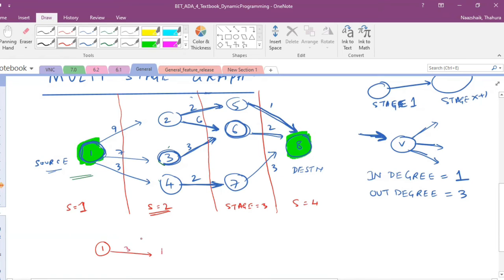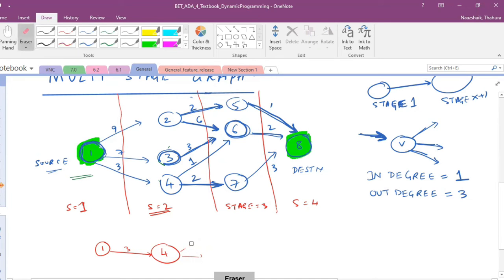I took 3 and I went to 4. Now from 4, you have two options. You can either go to 6 or go to 7. Unless you calculate how much cost it will take, you don't know. So you will try out both.